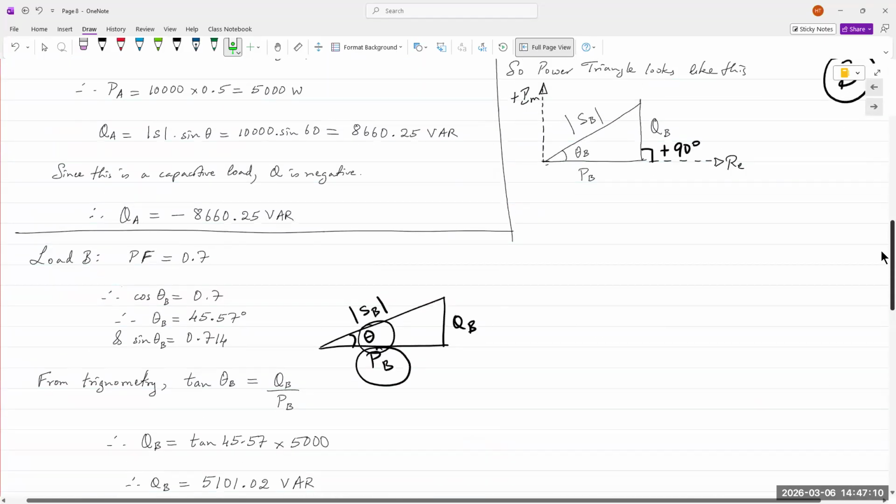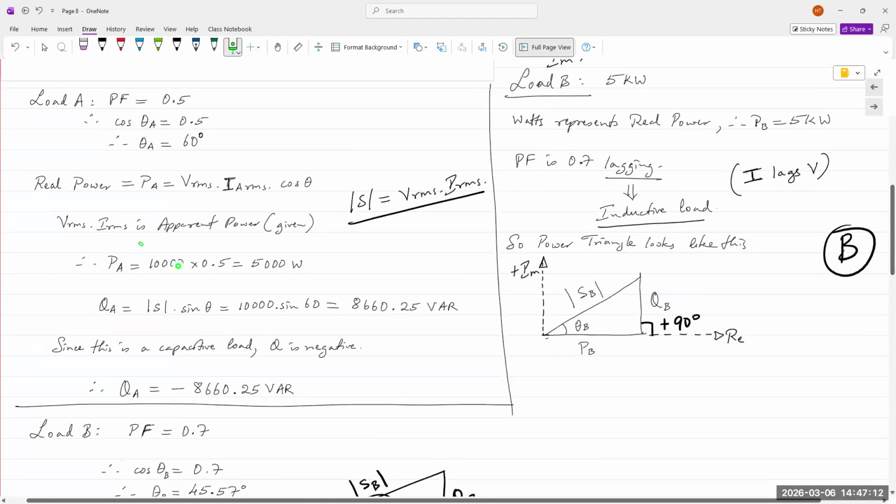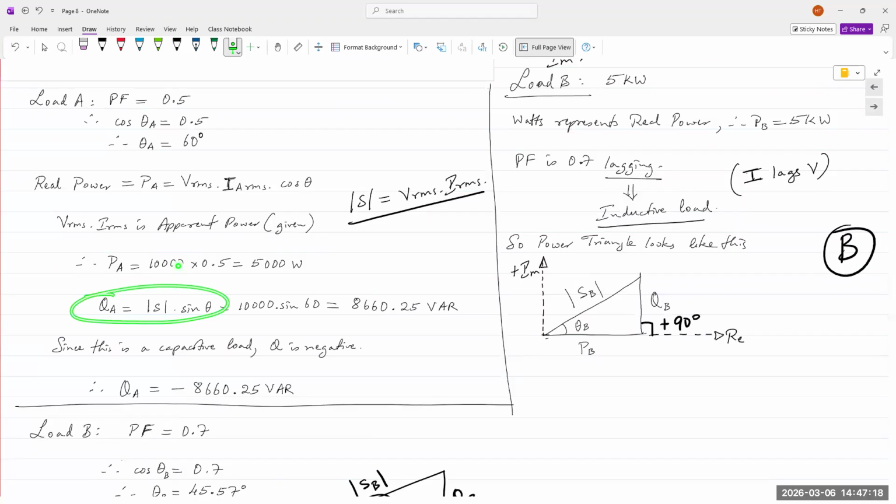So then real power P is 10,000 times 0.5 and Q is 10,000 times sine of 60. So 8660.25 VAR. Two unknowns, we solve for both because it's a capacitive load. Q is negative, hence minus 8660.